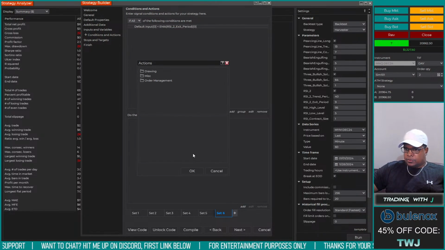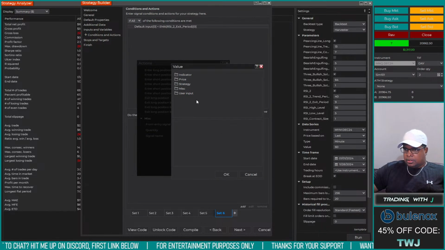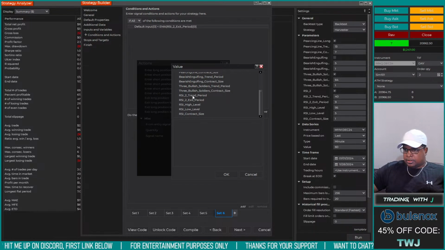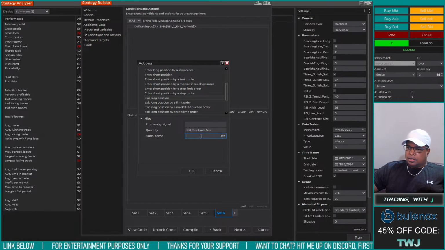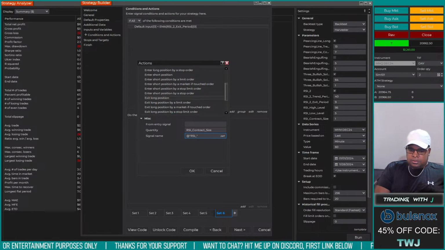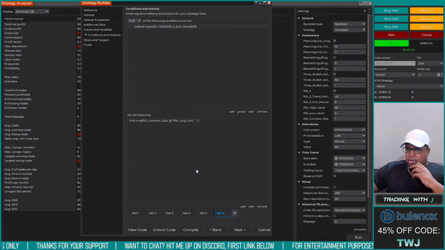And this will trigger exit long, and we exit the number of contracts being the RSI contract size, and we come back and name the signal name, but we'll call this RSI long exit. So it's a long exit, copy this.